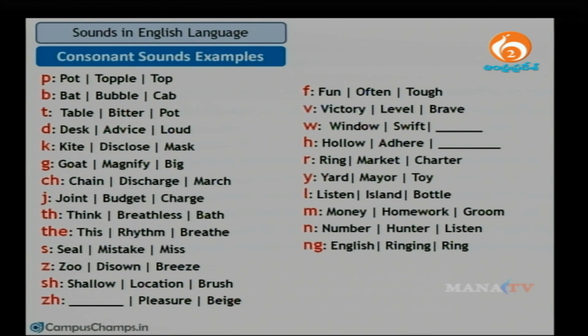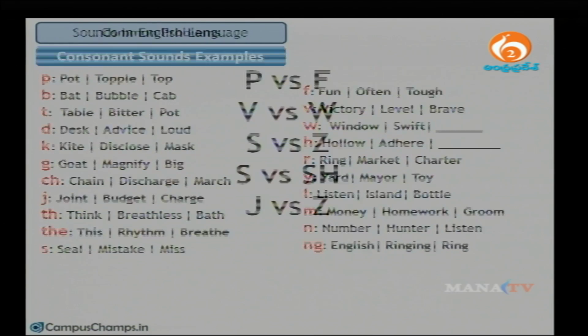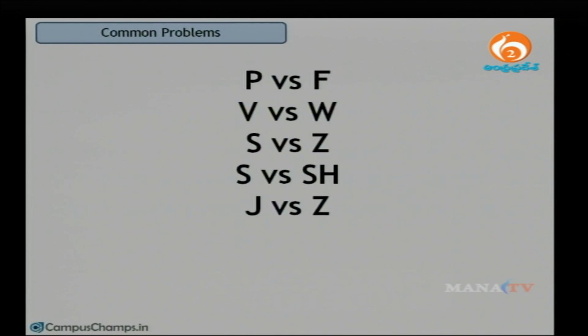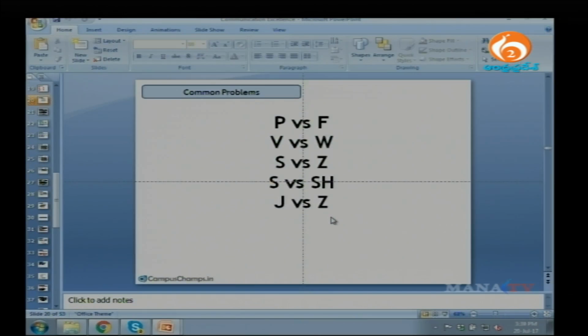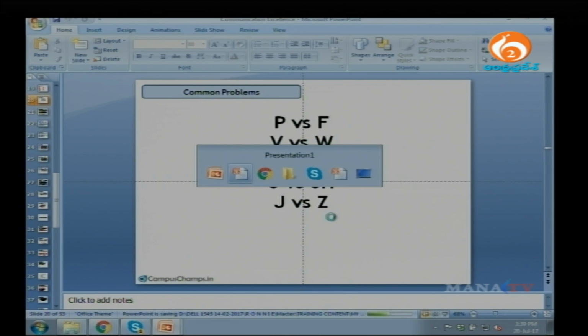All right. Now, these are the 24 sounds of consonants. If we know these sounds, where does the problem occur? These are common problems that people face. For example, the p versus f sound.